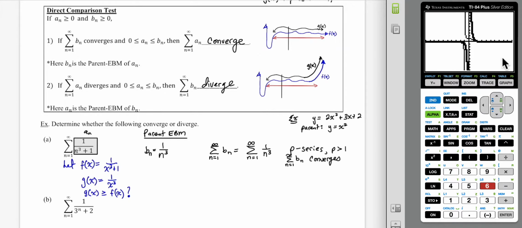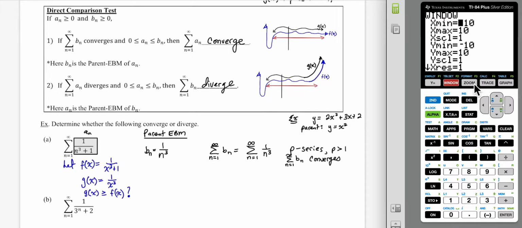It's kind of ugly, but if we bring it in, it's all about the appropriate window. We'll go from 0 to 10, 0 to 2, I guess. It looks like the bold is above the not bold, but if I really want to bring it in, let's make it 0.5. It looks like it's still above.